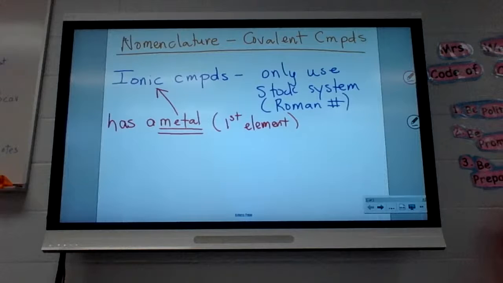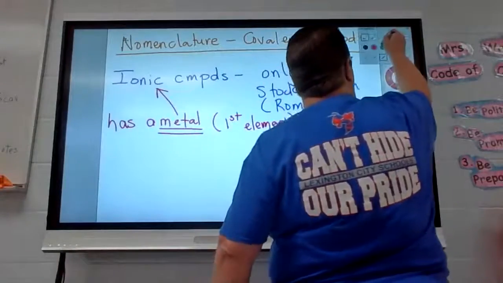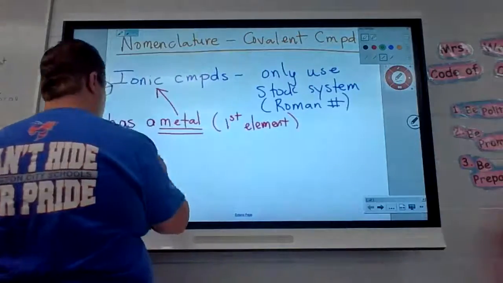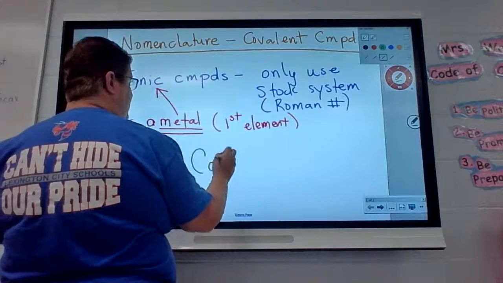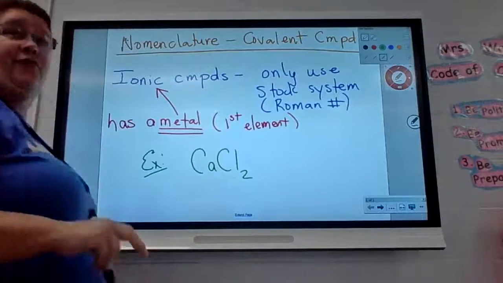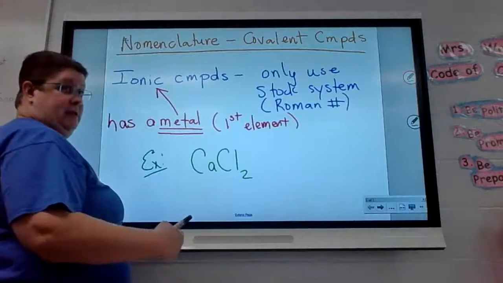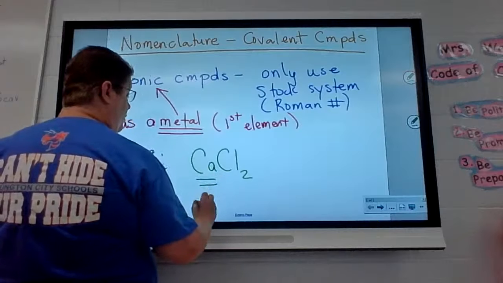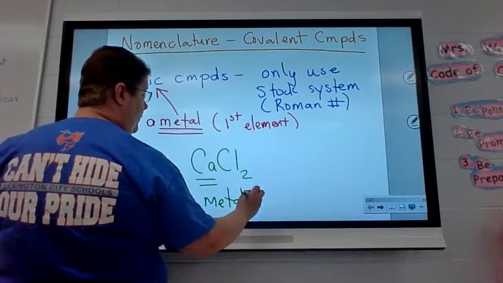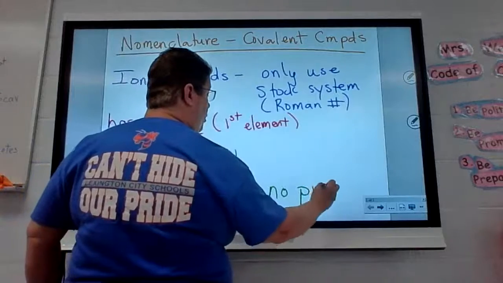If it's in the blue, it's a metal. So if you have anything in the blue up here, it can only use the Roman numerals. Okay? So, when we go to write a formula, for example, for CaCl2, after we do our lesson today, some of y'all are going to want to use the prefixes. You're going to say, oh, that's a metal, no prefixes.